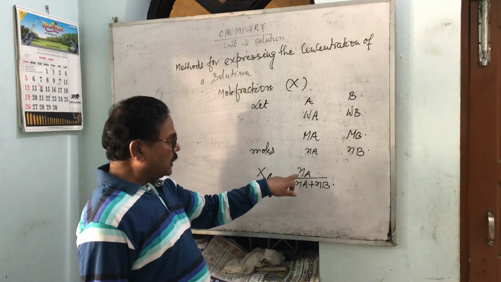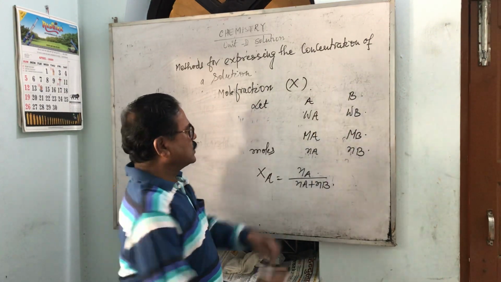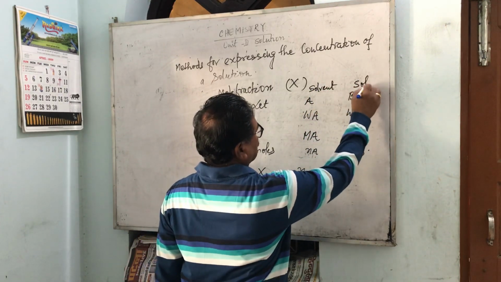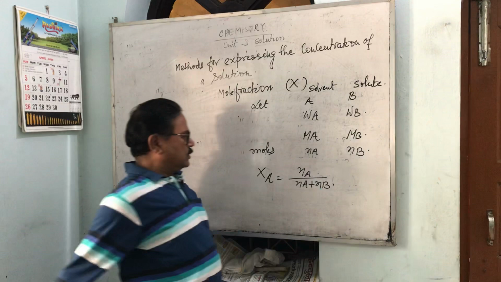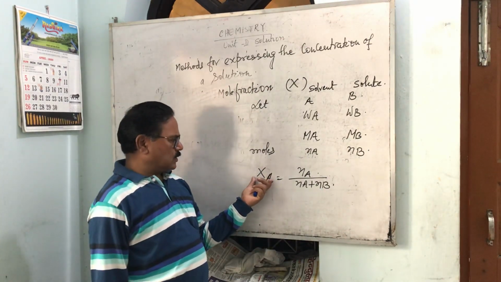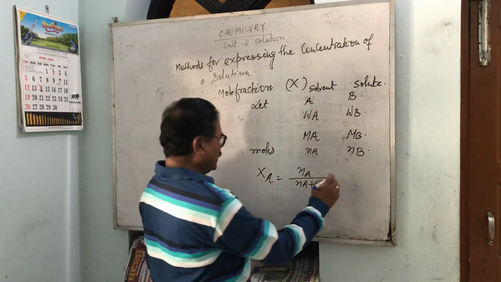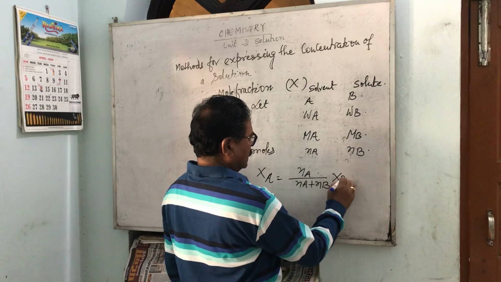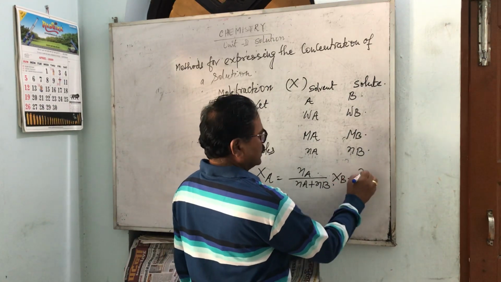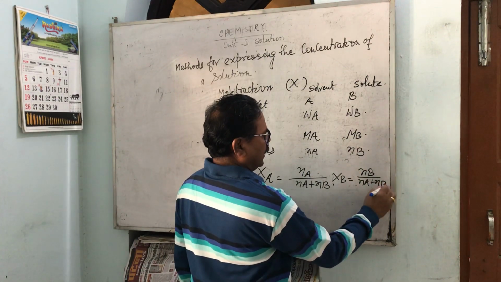If NA is the number of moles of the solvent and NB is the number of moles of the solute, then the mole fraction of the solvent XA is equal to NA by NA plus NB. Similarly, we can take the mole fraction of the solute, XB, which is NB by NA plus NB.